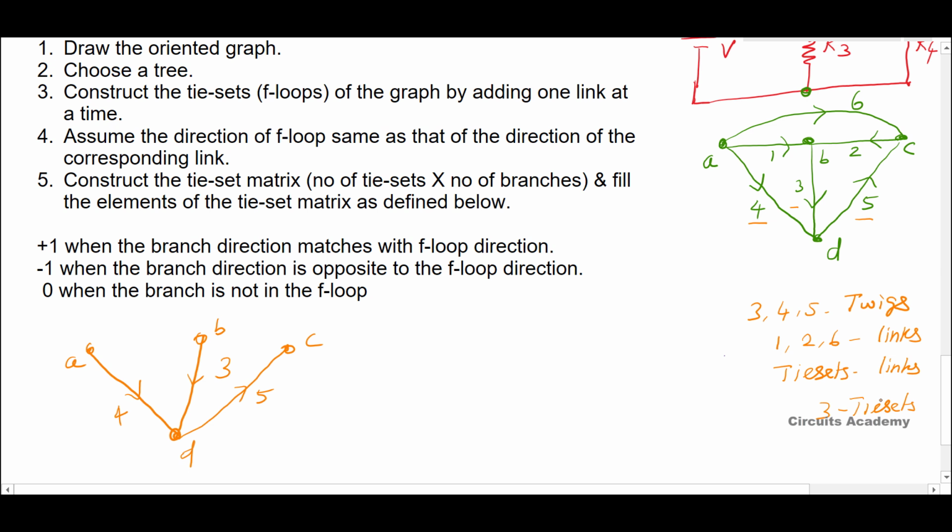Let us construct the tie sets of the graph. As per step 3, we need to add one link at a time to form the tie set. So in the graph, let's add the link 1. So this is tie set 1 of the graph. Similarly, let us construct the other tie sets of the graph.